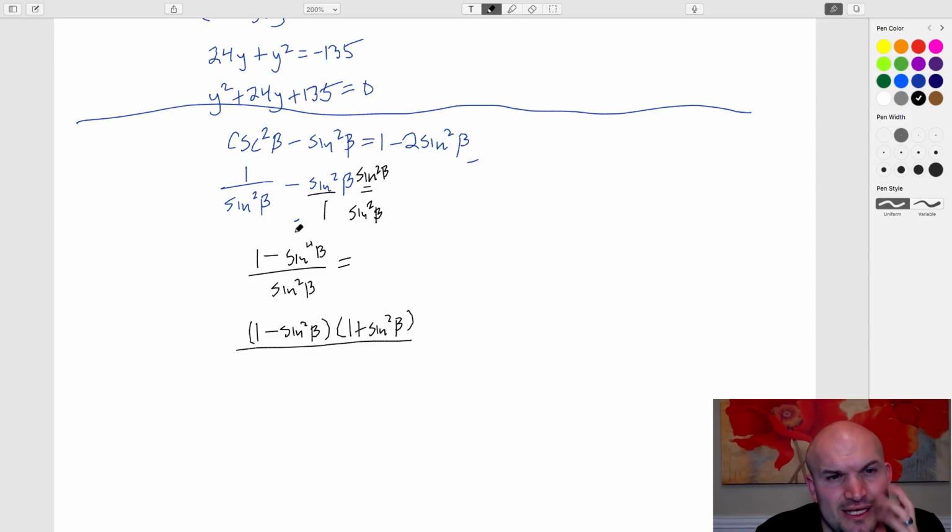Adding them is not going to help out. Just multiplying by the sine, which would have been the same thing, doesn't really help. That takes you to 1, but then that gives you sine to the 4th, so that doesn't really help. I'm also thinking of other identities which we don't cover, so I'm not as familiar with them.